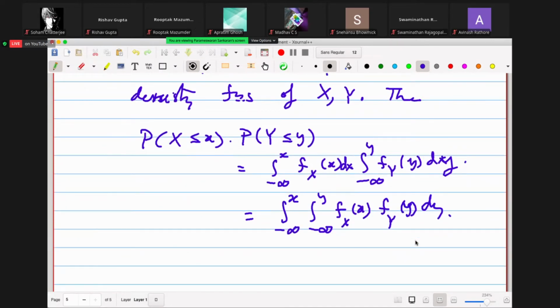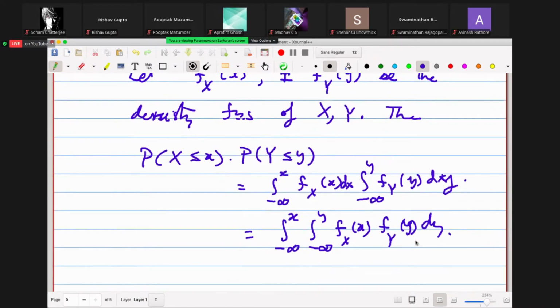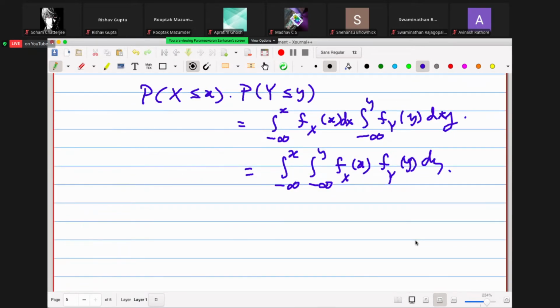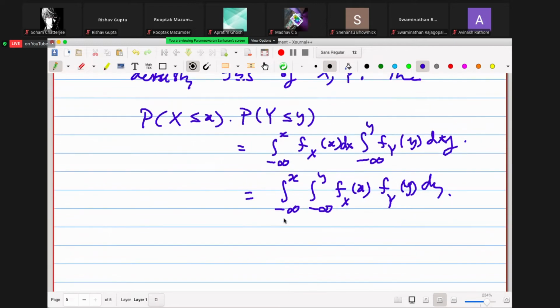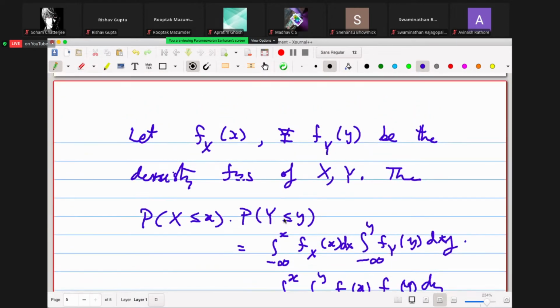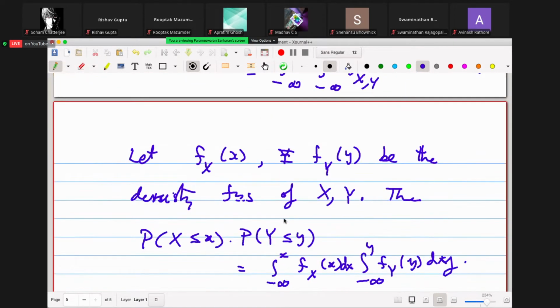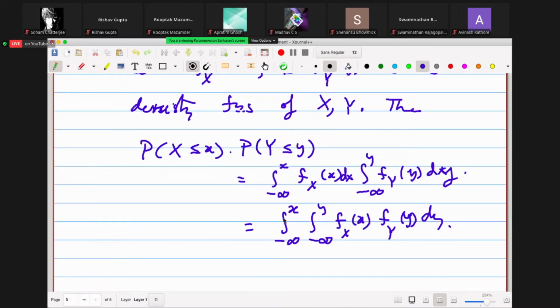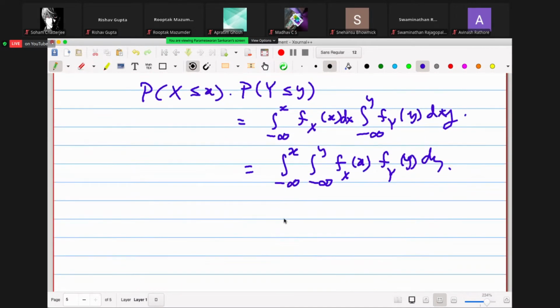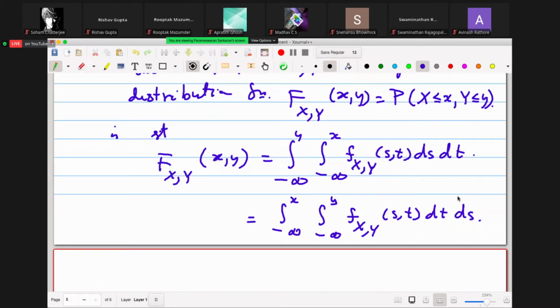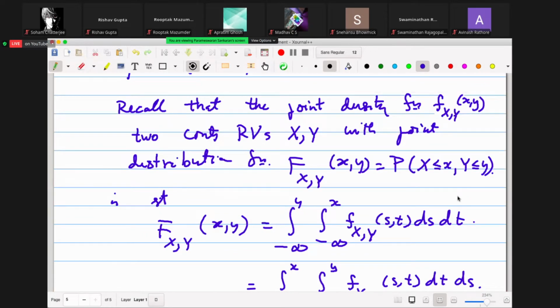And if you look at the difference of the two, these are positive functions. And this is true for every x and every y. That is also required. I probably said that at the beginning.